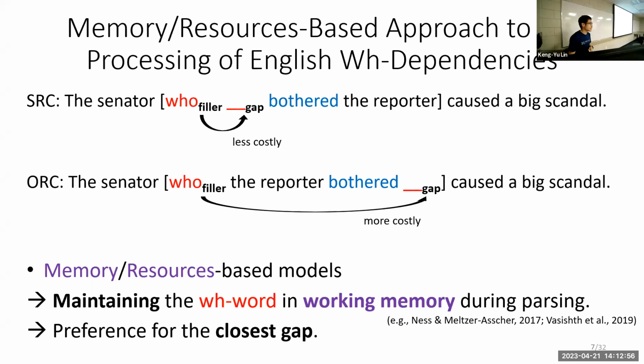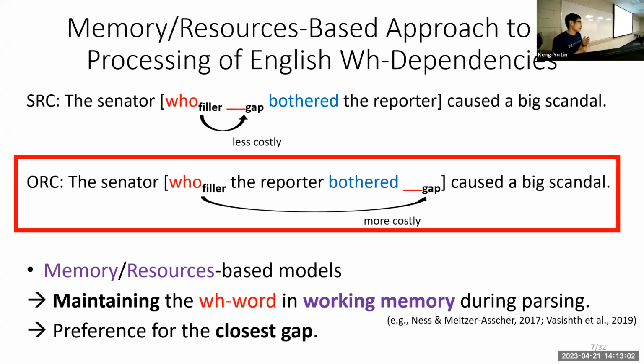And in the present study, due to the experimental manipulation and design, our sentences are ORC-like sentences in which the WH word is the object of the sentence instead of serving as the subject of the sentence. Right.